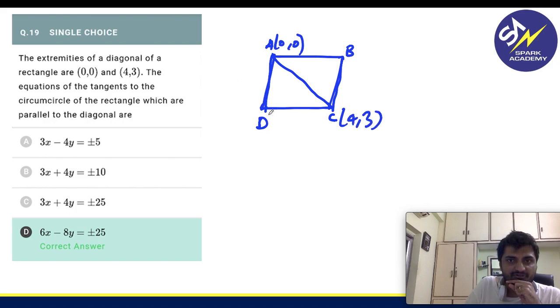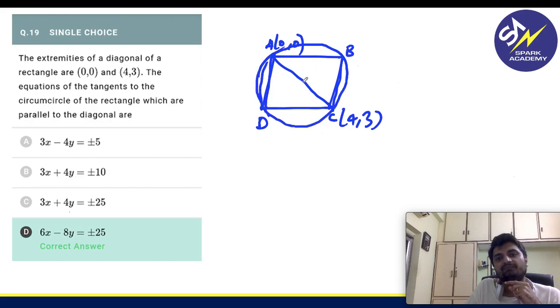Then find the equation of the tangent of the circumcircle of the rectangle. What is the circumcircle? Basically, this is your circumcircle. And in the middle, this is your circumradius, this is also circumradius, right? So I don't know the center, the circumcenter of the circumcircle, for tangents which are parallel.